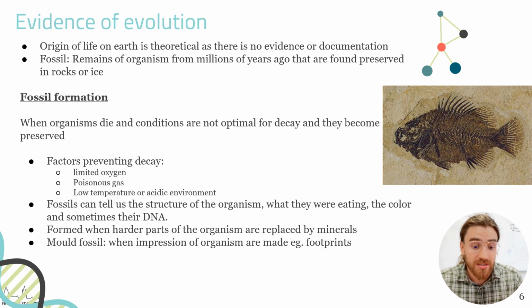Now, fossils are organisms that have died in certain conditions that preserve their bodies. Some of these conditions are limited oxygen, which prevents decay and decomposition due to bacteria. Poisonous gases can also do this. It kills off most of the living organisms around the organism, and low temperatures and acidic environments.